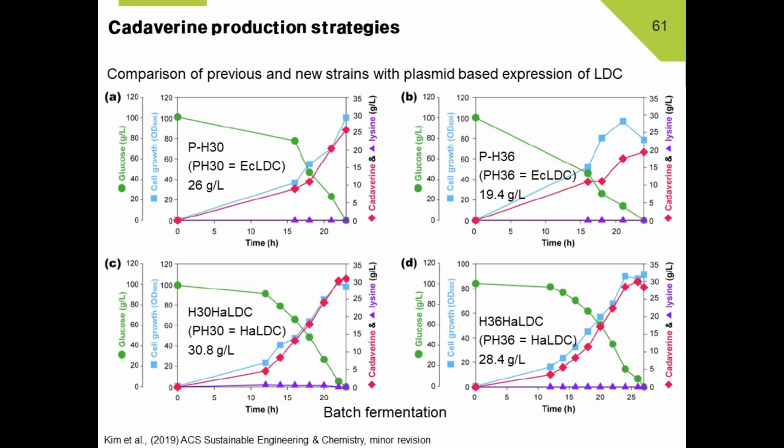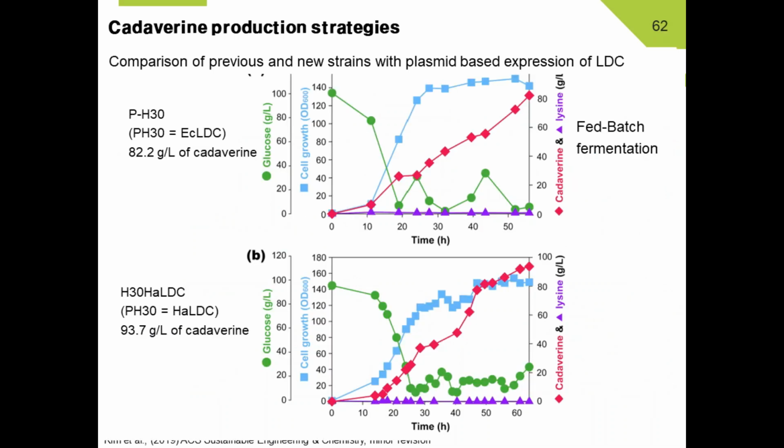The other one is 28.4 gram per liter by the H36 HALDC strain, followed by PH30 and PH36, which are the Corynebacterium strains with E. coli LDC in it.